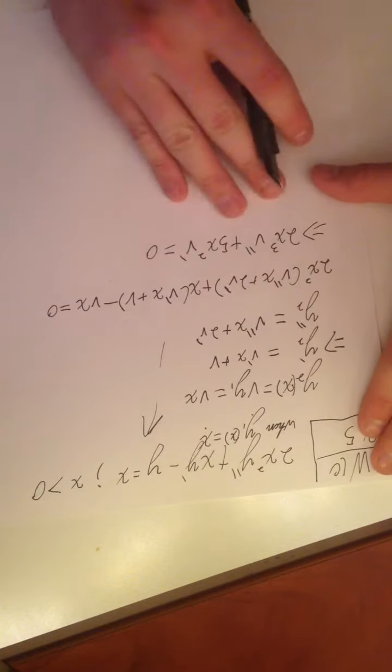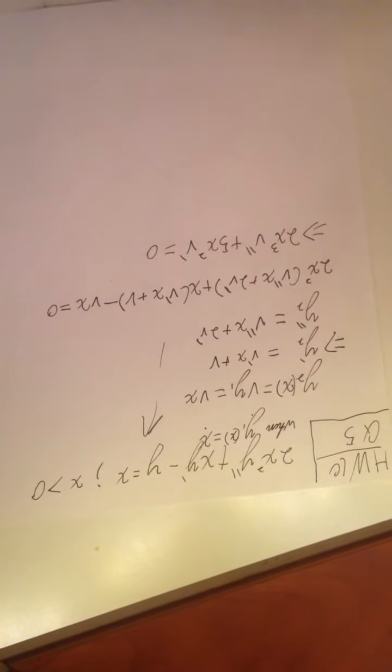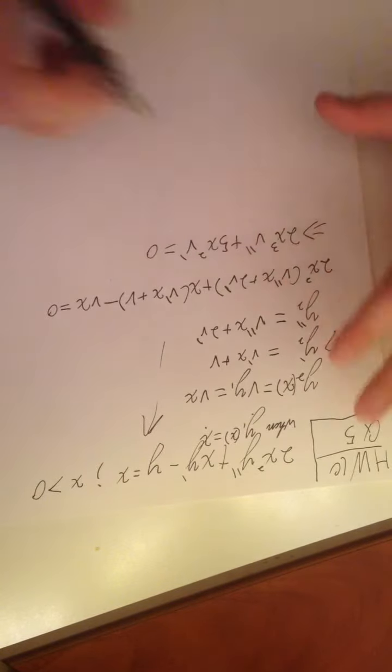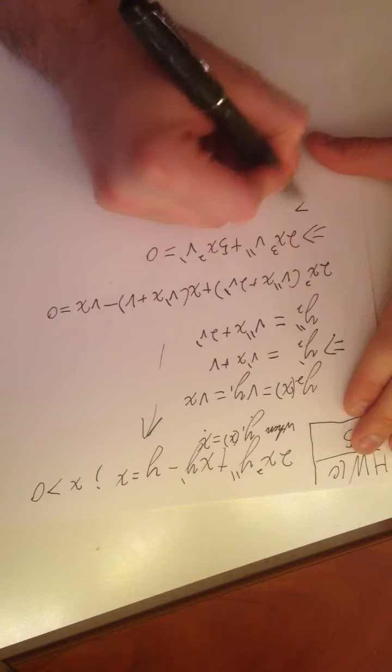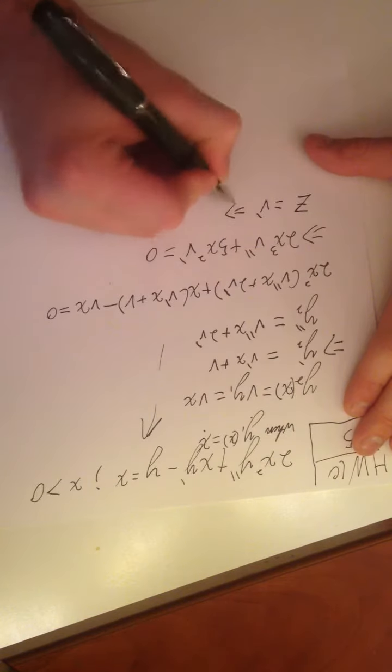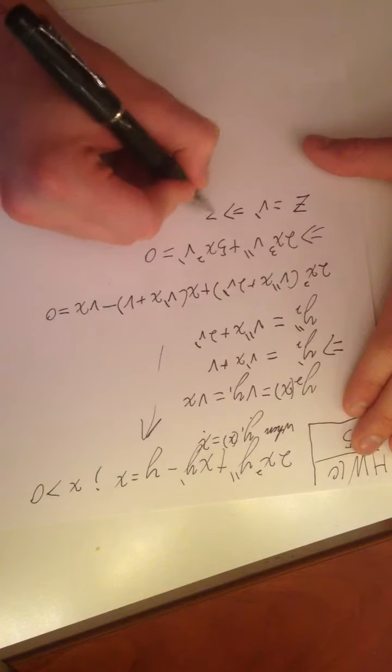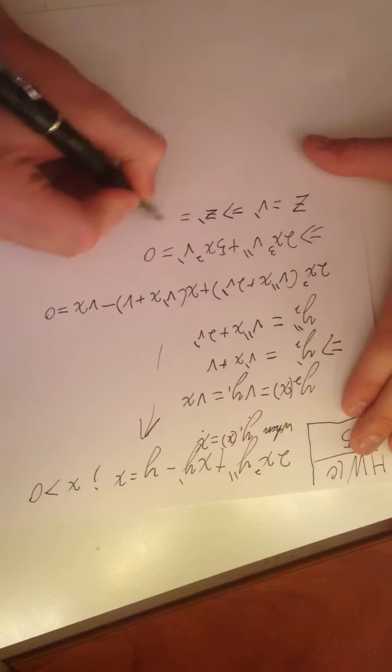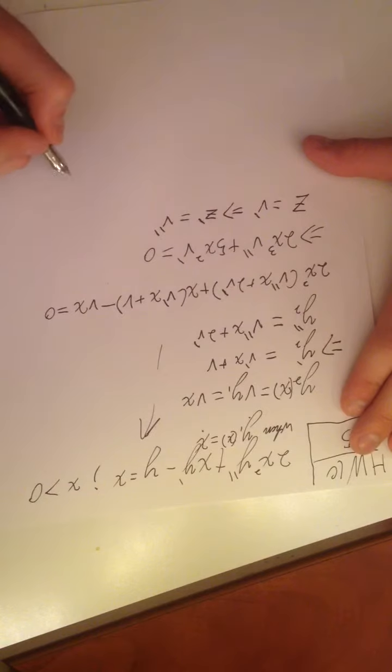And now we can't really solve this equation. So in order to solve this equation, we have to state that z is going to equal v prime. And therefore, since z equals v prime, z prime is going to equal v double prime.